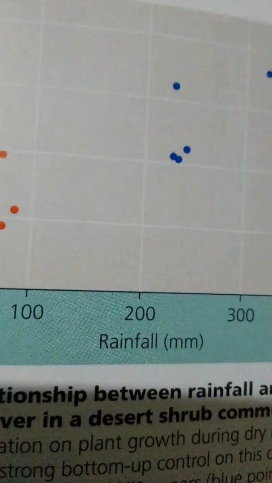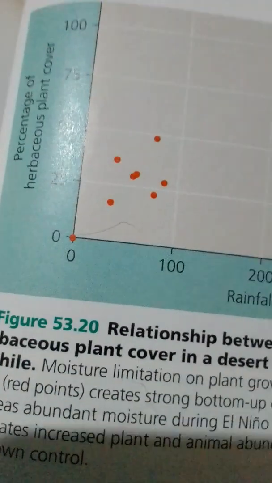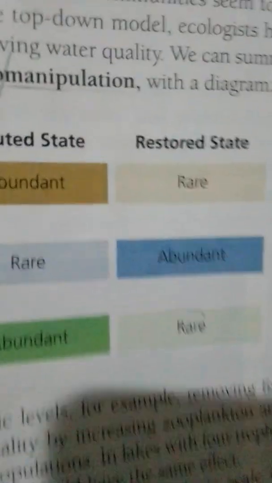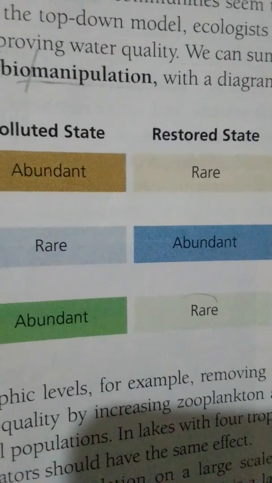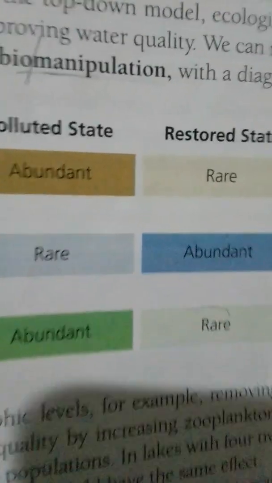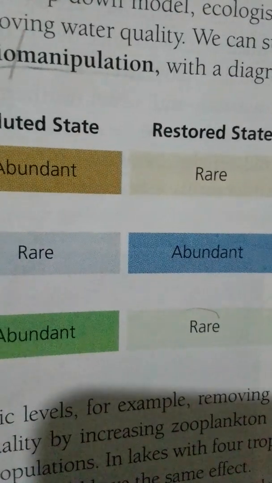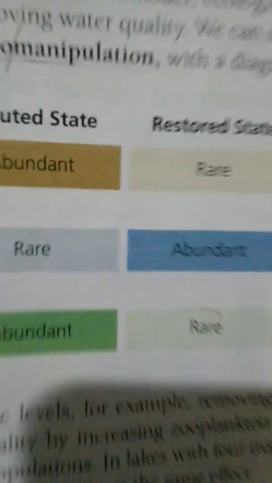Let's look at one example where ecologists have applied these simple models to a complex pollution problem in lakes. Pollution has degraded the freshwater lakes in many countries. Because many freshwater lake communities seem to be structured according to the top-down model, ecologists have a potential means of improving water quality.